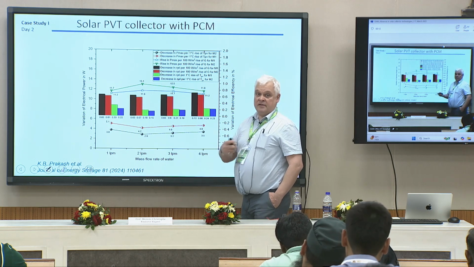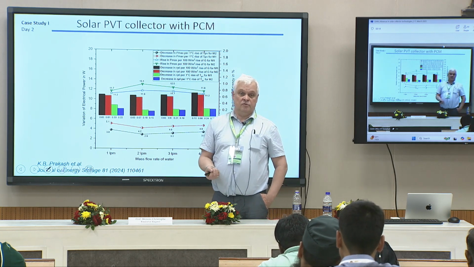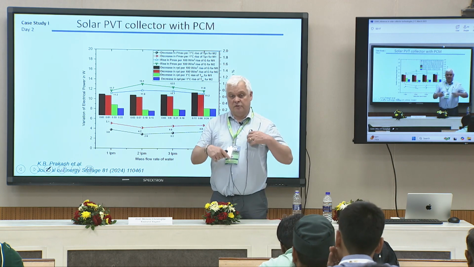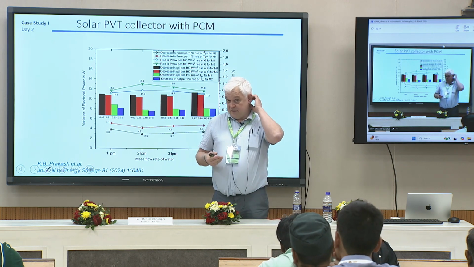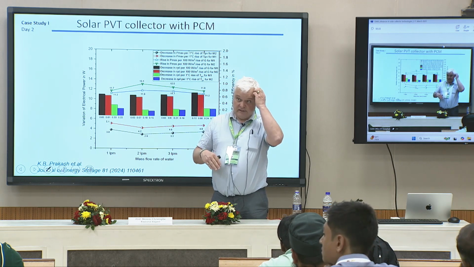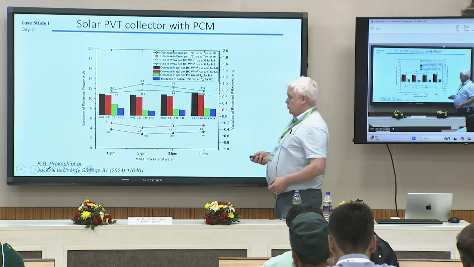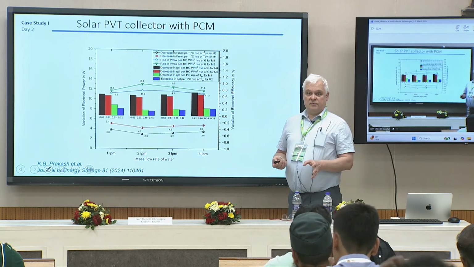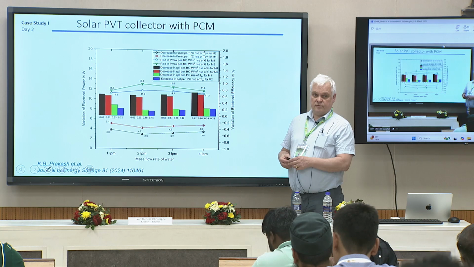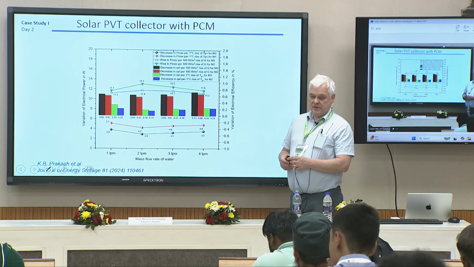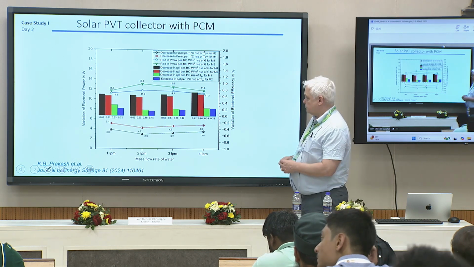Of course, the flow rate of the water circulation has a huge impact, because you cool the PV better, but you recover less heat because it's faster. So he finds that a good compromise was a flow rate of 2 liters per minute.